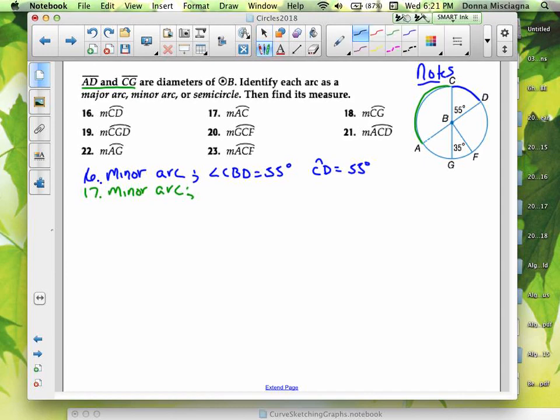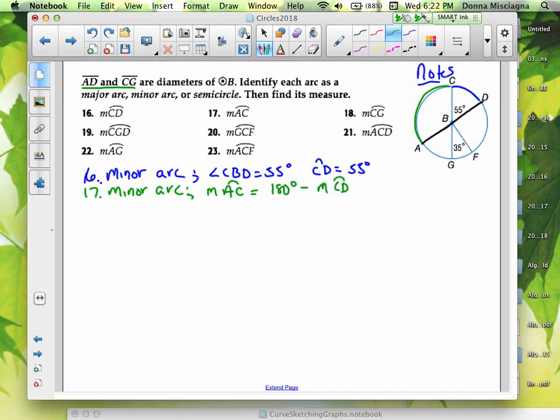So this right here, that's a diameter. So from A to D is 180 degrees. And we know what arc CD is, so we can subtract 55 from 180 degrees, and we'll have the measure of arc AC. So arc AC is equal to 180 degrees, because this is a semicircle, AD is a diameter, minus the measure of arc CD.